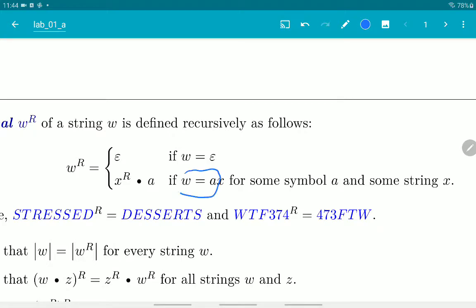Otherwise, W can be written as AX, where A is a character. Here we're using the convention that A, B, C, and so on are usually letters of the alphabet, and the later letters in the alphabet are strings. This is a useful convention, so try to keep it. The reverse of such a string is the reversal of X concatenated with the letter A.